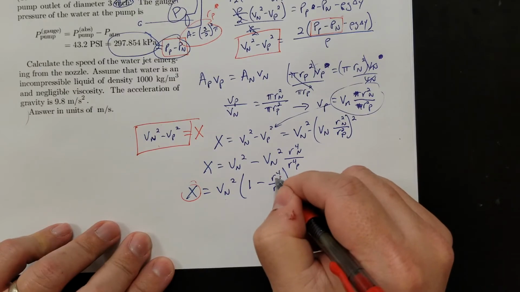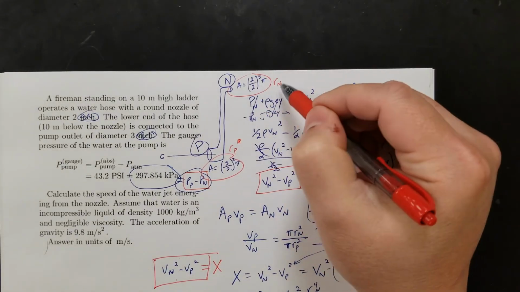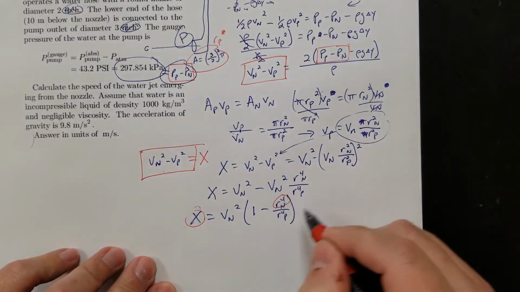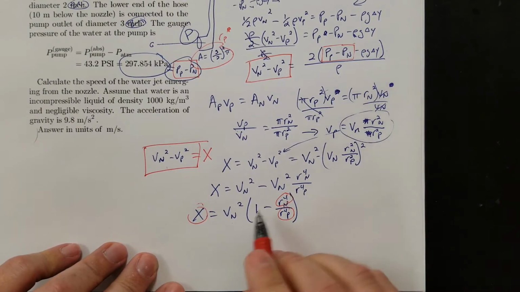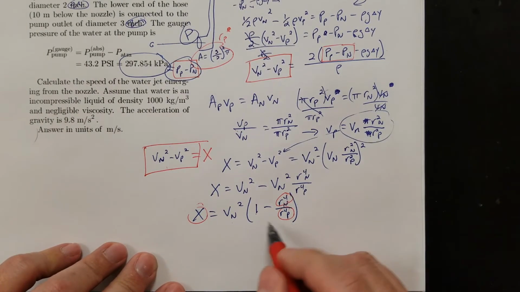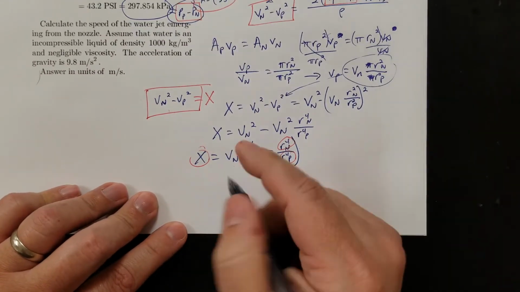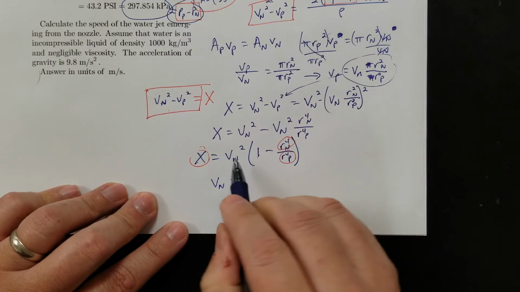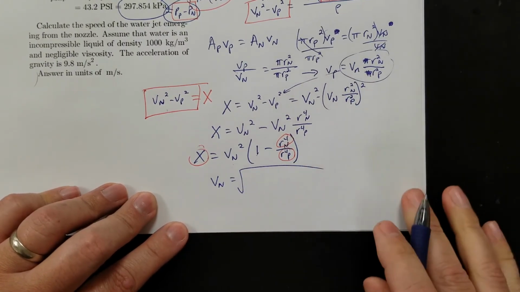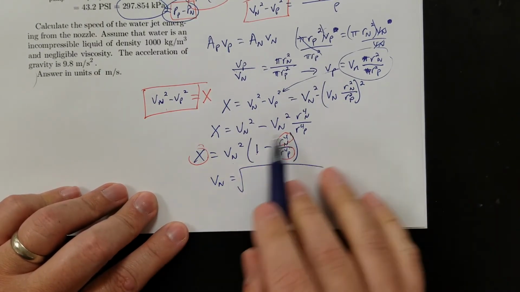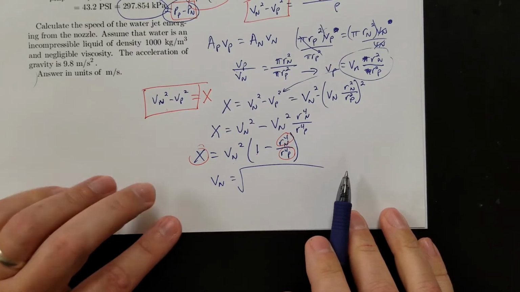So I know this. I can take R nozzle, not squaring it, to the fourth. Sorry, you're going to do that to the fourth. I know the pipe to the fourth. I can do 1 minus that, and this will give me a number. And then I can solve for Vn, right? And so whatever you get, it's going to say V nozzle equals, because it's Vn squared, the square root of something. So if you solve this equation for V nozzle, that'll give you the answer.